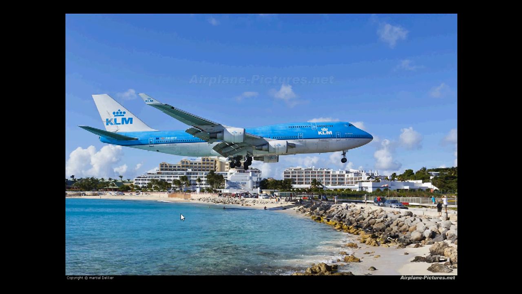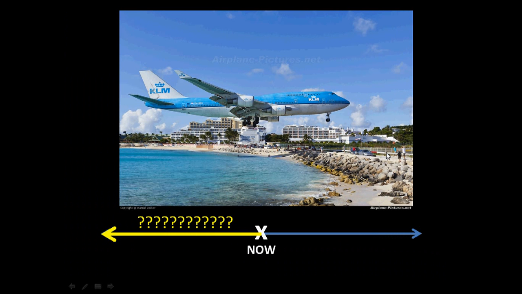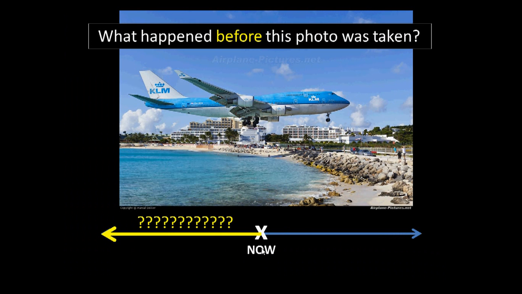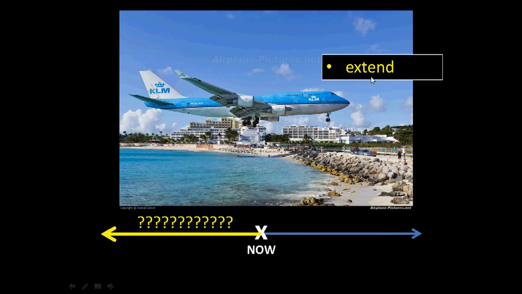How about in this photo? In this photo, we can see obviously that the plane is on a final approach, or the plane is landing. But those are present things. How do we know that? Well, because something happened before this photo was taken. We can see that we use the verb extend.